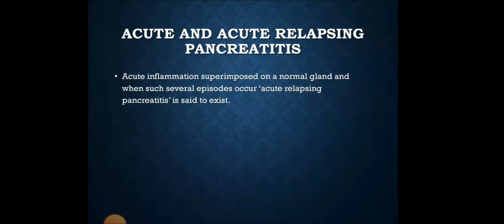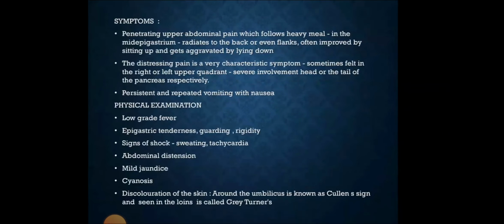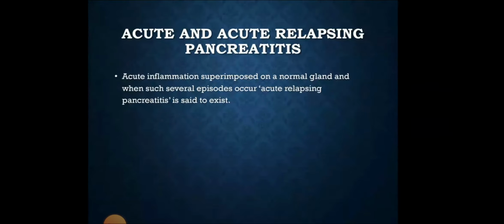And when we consider the etiology, biliary tract disease is the commonest cause of acute pancreatitis. Other etiologies are gallstones and choledocholithiasis. That may be due to the common channel theory or due to a transient obstruction of the pancreatic duct by gallstones, or due to choledocholithiasis; gallstones and choledocholithiasis can cause pancreatitis.